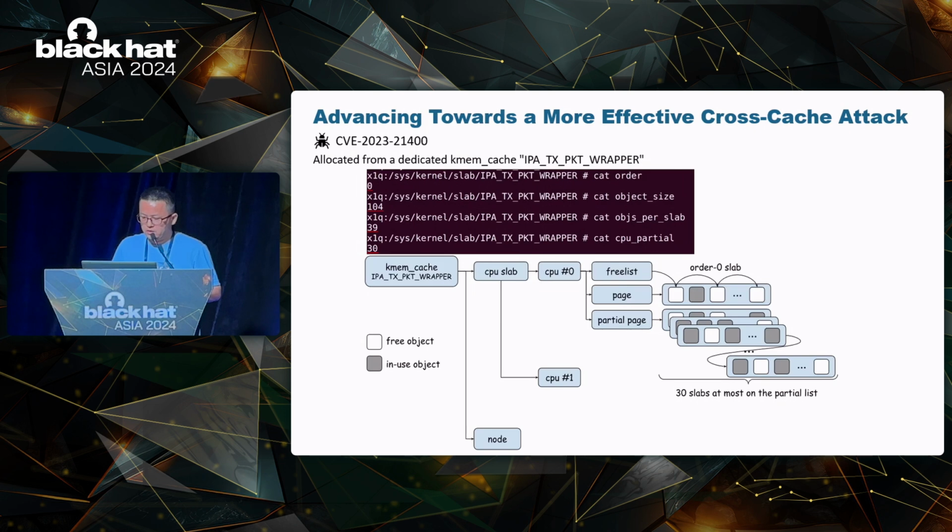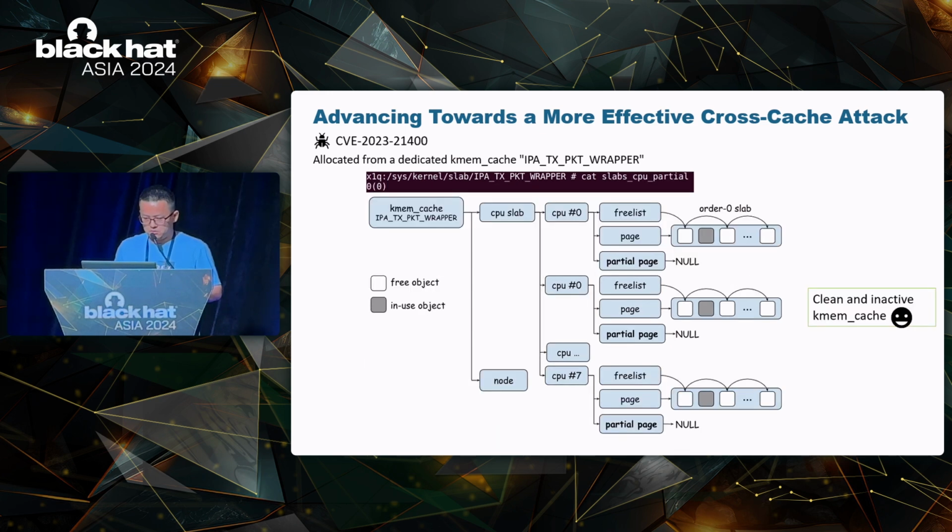There are 39 objects in one slab, and the CPU partial is 30. We can also know how many slabs are in per CPU partial list for each CPU. It turns out that this dedicated kmalloc cache doesn't have many slabs on partial list, and it's an inactive kmalloc cache. This means it can be manipulated easily and not much noise gets involved.